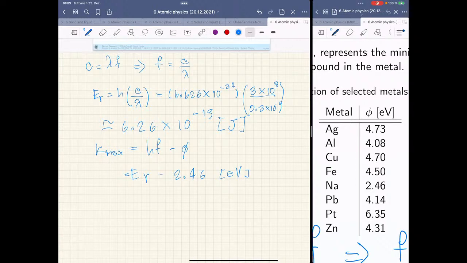But anyway, 2.46 eV will be 2.46 times 1.6 times 10 to negative 19. That's the charge of the electron, right? You have to multiply this.